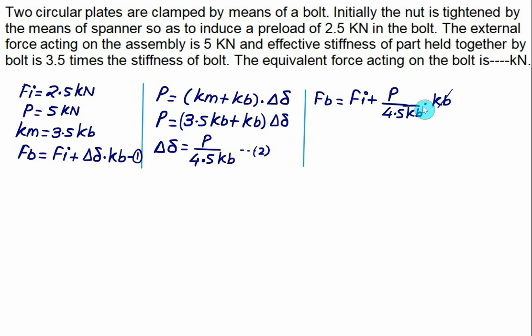So Kb and Kb will cancel out. We have initial load, that is preload, equal to 2.5. External load is equal to 5 divided by 4.5. So this total value comes out to be 3.61 kilonewton.